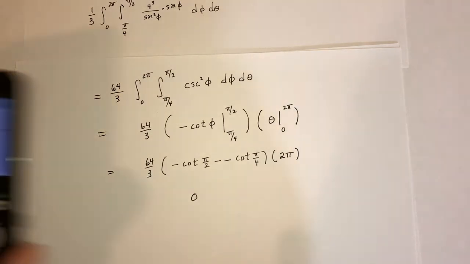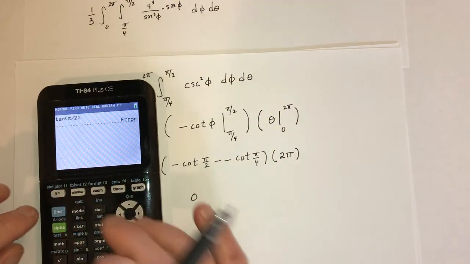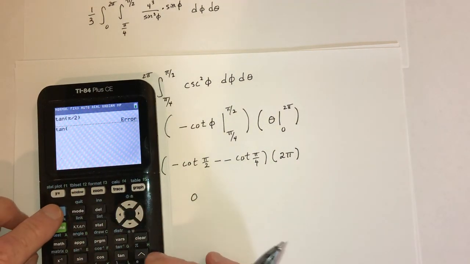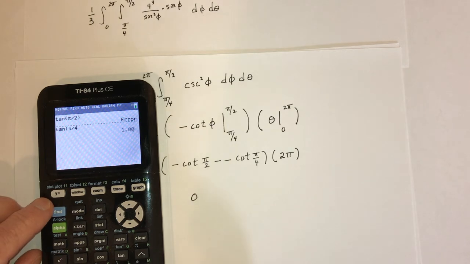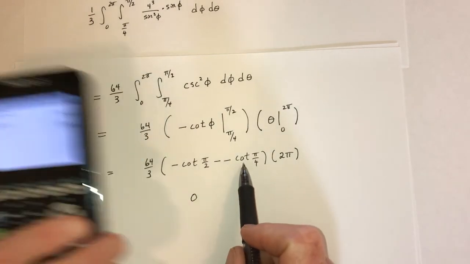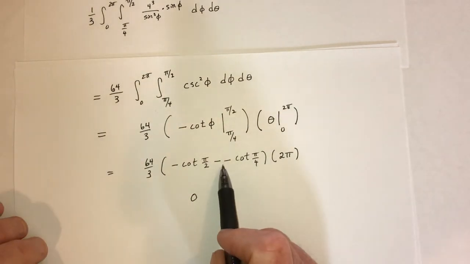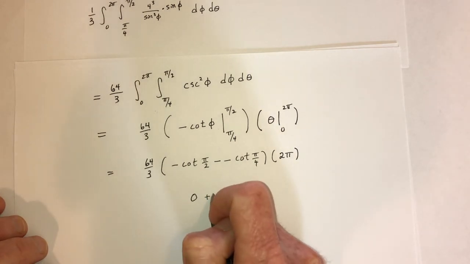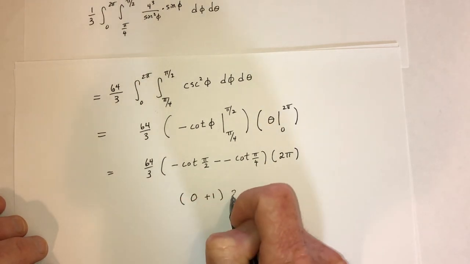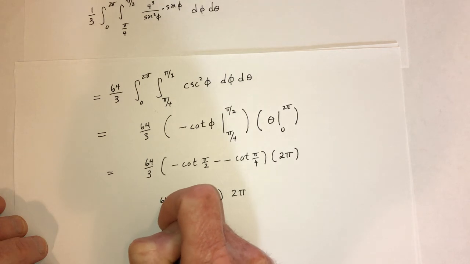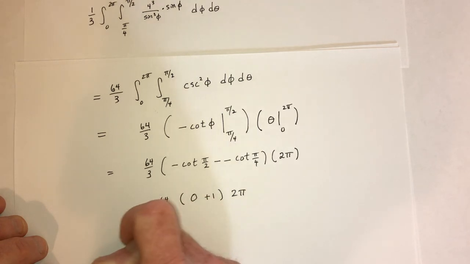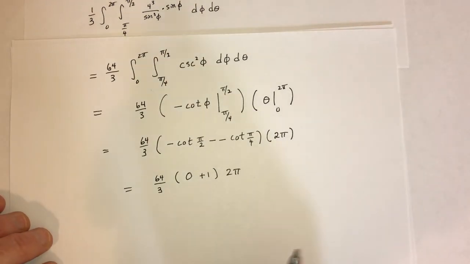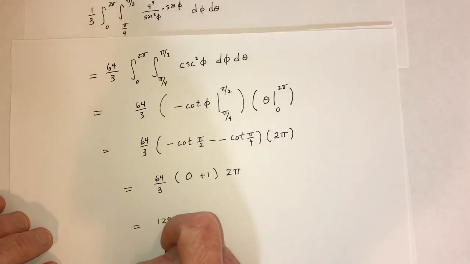And then negative, negative, so tangent of pi over 4, that's a 1, so this is 1 over 1. And these two negatives will cancel, so it becomes plus a 1. And so the final answer would be 2 pi times this, so that is 128 pi over 3.